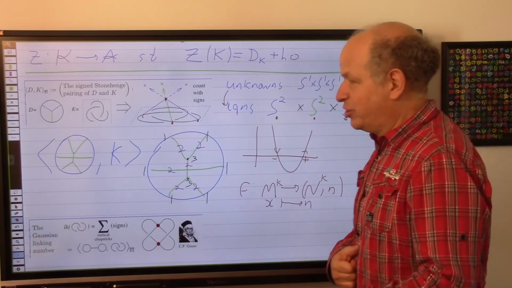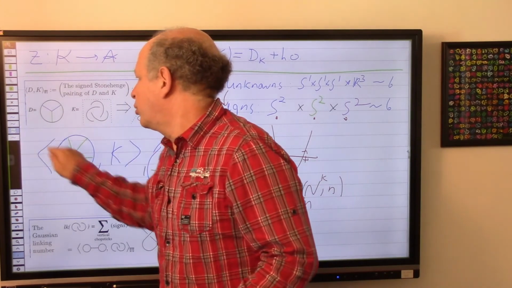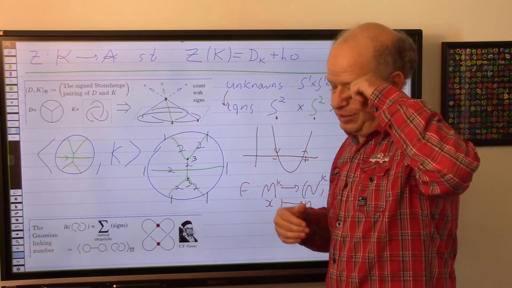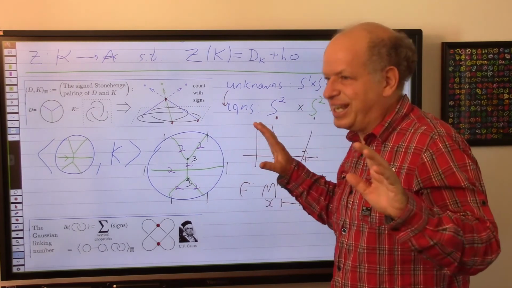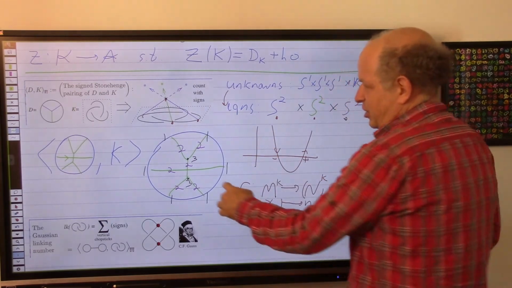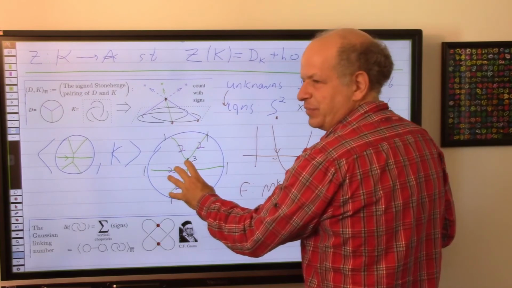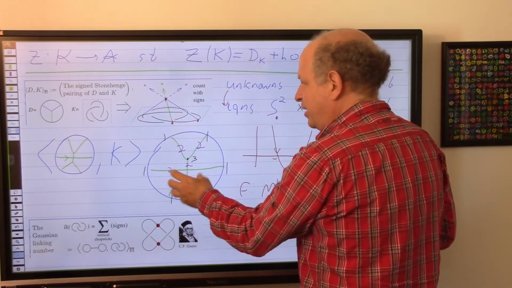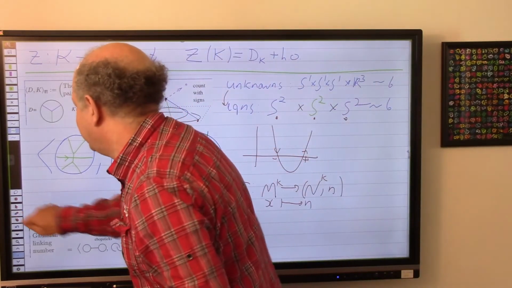For all of this to make sense, you have to pick orientations, and then you have to show that the orientations at the very end don't matter, and there's a lot of work. And I'm only sketching it. So I claim that for every trivalent diagram, the number of equations will be equal to the number of unknowns.